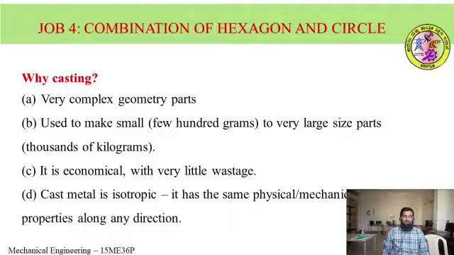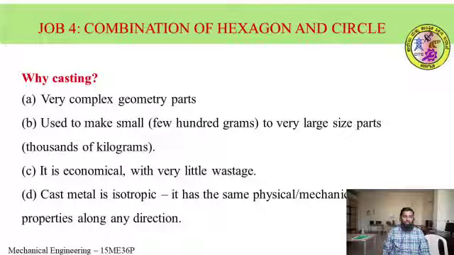Why is casting important? Casting is very useful in the production of very complex geometrical parts, that means the intricate parts, and it is used to make small parts, that means a few hundred grams, to very large size parts, that means around thousands of kg of products can be manufactured with the help of casting.